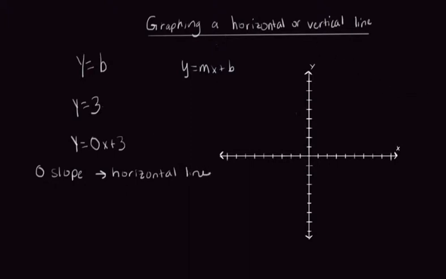Another way of thinking about it is that we already have the b, so that's the y-intercept, right? That's 3. But the line actually says y equals 3. It doesn't say what happens to x, but it says that y is always equal to 3, which means that x doesn't matter.